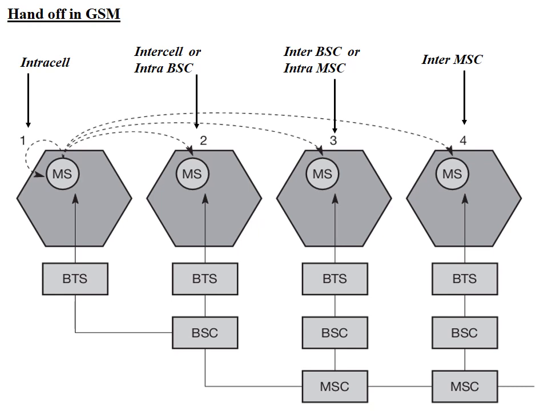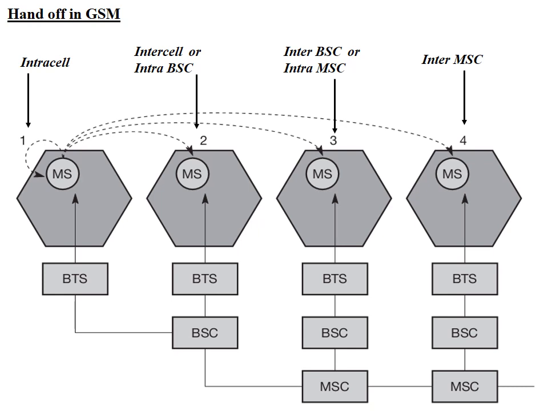In a cellular system, the process of transferring a mobile station from one channel or base station to another is called a handoff. Handoff is also called handover. It means that when a mobile moves into a different cell while a conversation is in process, the MSC automatically transfers the call to a new channel belonging to the new base station.